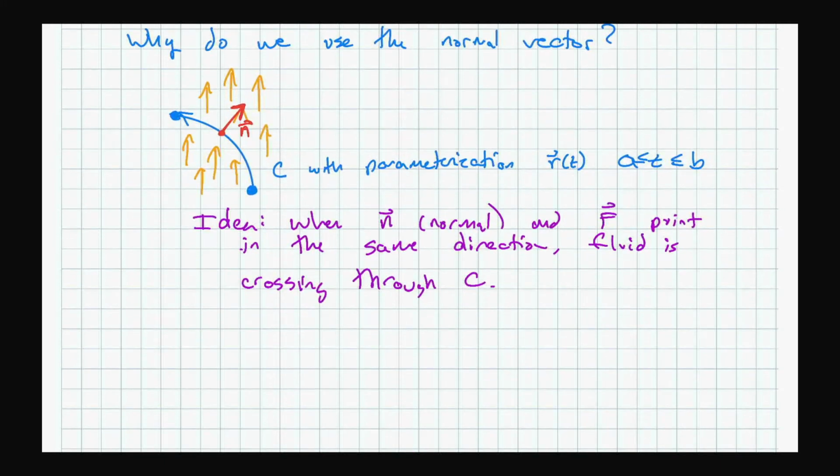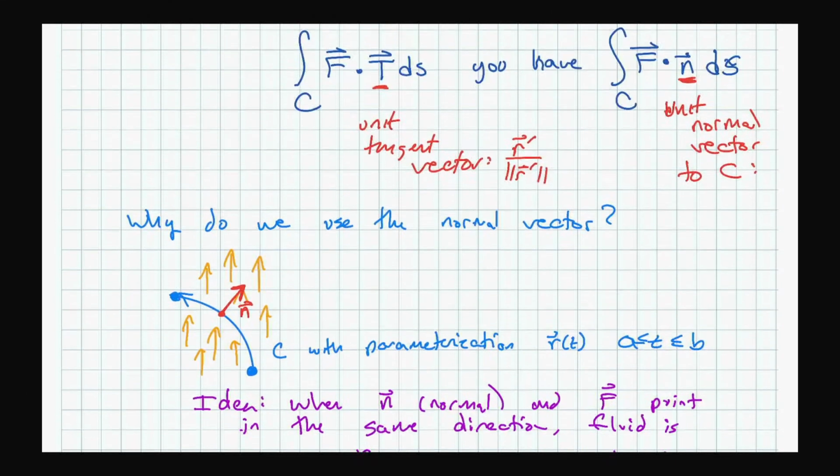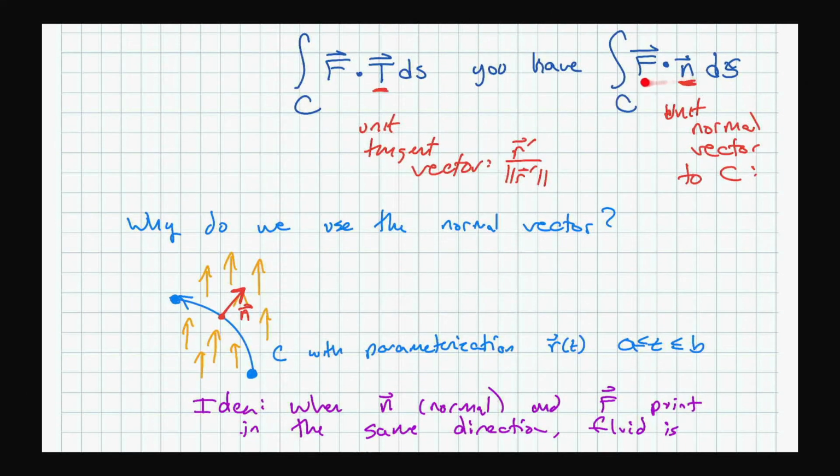So that's why we see the normal vector in the definition. Okay, I'm not going to justify that anymore. You know that the dot product between these two vectors is related to the angle between them. So the closer these are to pointing in the same direction, the more fluid is flowing through C.